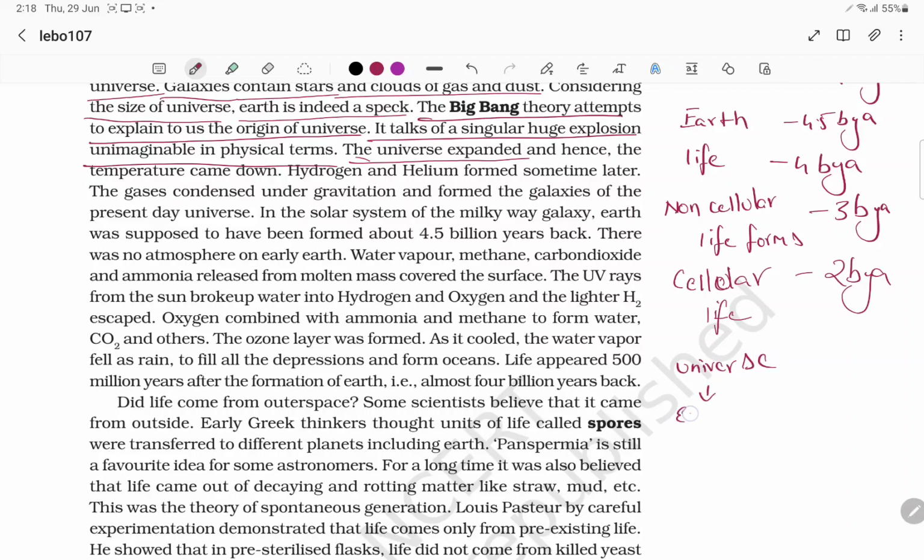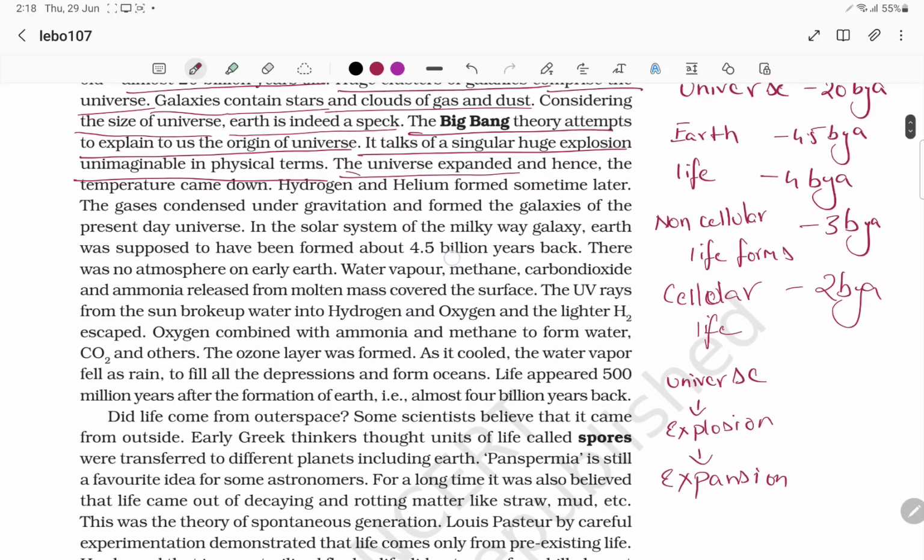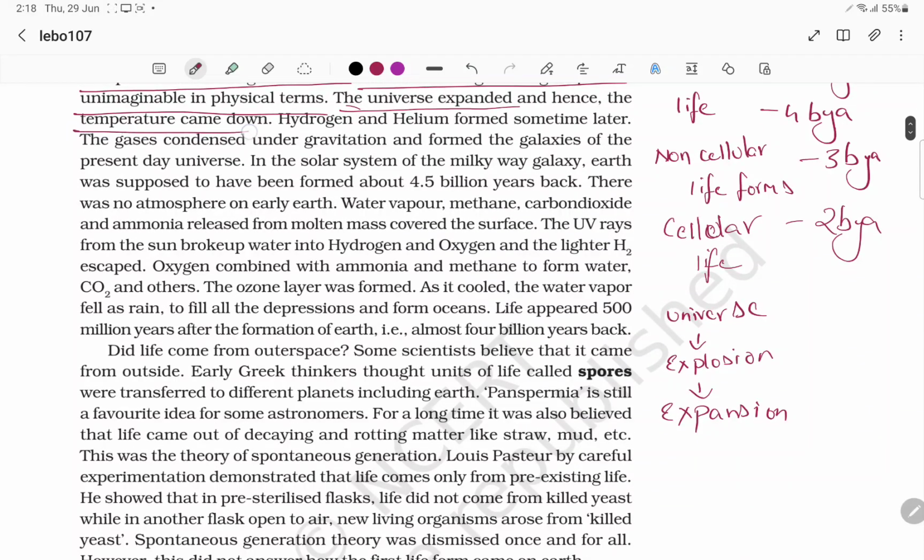First, initially, they had an explosion, and next, they had expansion. Hence, the temperature came down, so cooling takes place. Explosion, expansion, and cooling.